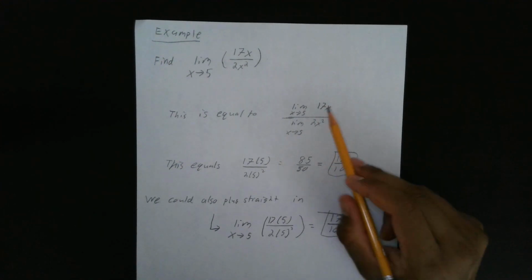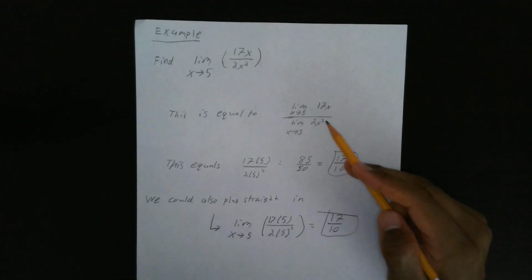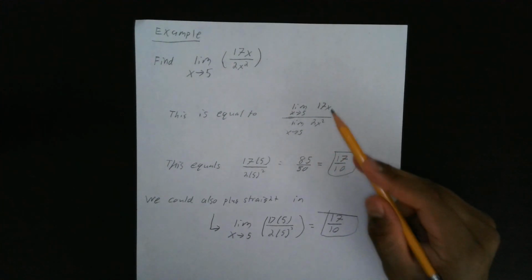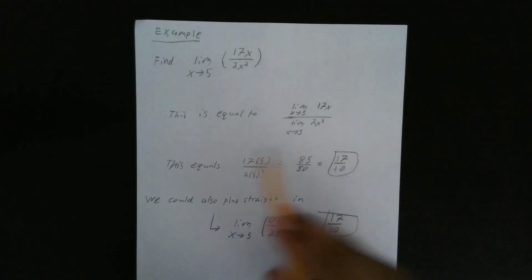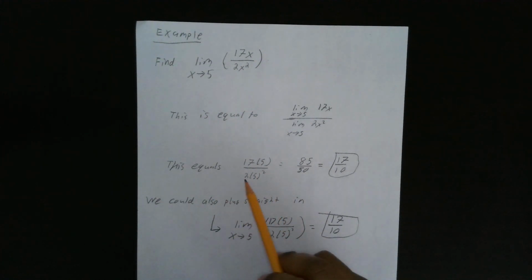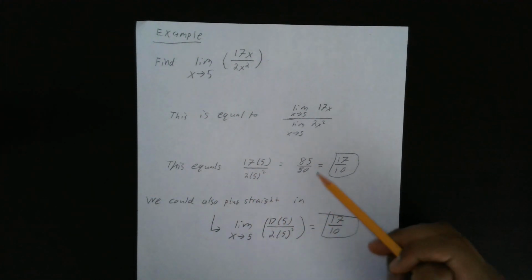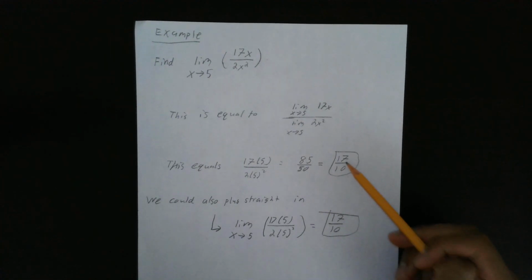Now, since 17x and 2x squared are both continuous and the limits exist for both of those functions, we can simply just plug in. So this is equal to 17 times 5 divided by 2 times 5 squared. And that's equal to 85 over 50, which simplifies to 17 over 10.